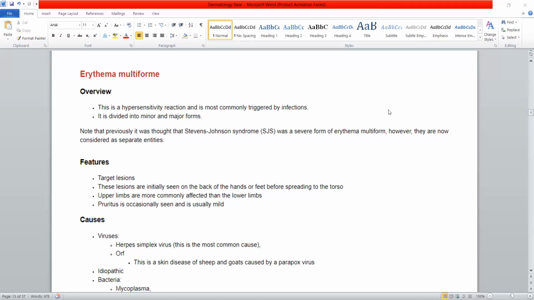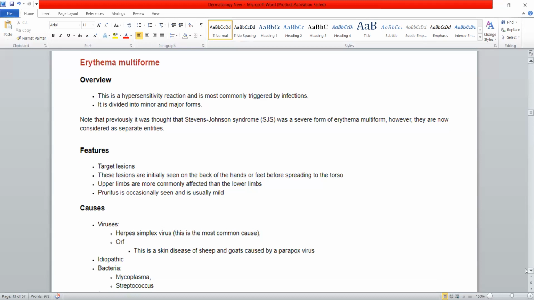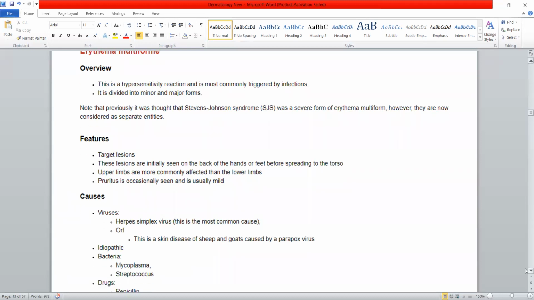You can get a hint from the name. Erythema multiforme, as its name indicates: erythema means redness, multiforme means many shapes. So erythema multiforme is basically redness of many shapes or many sizes.